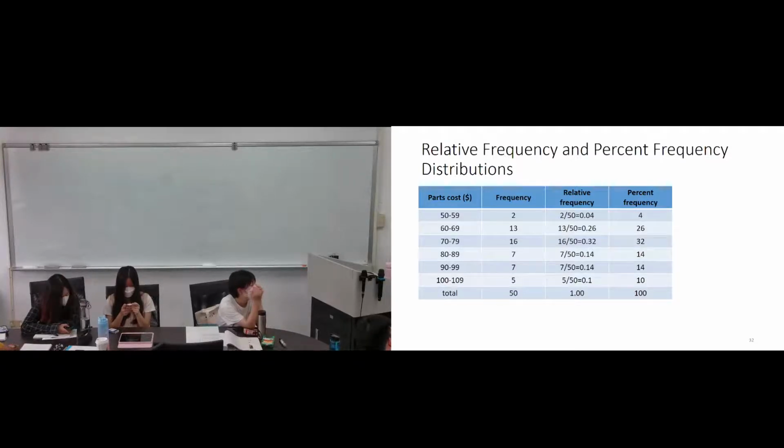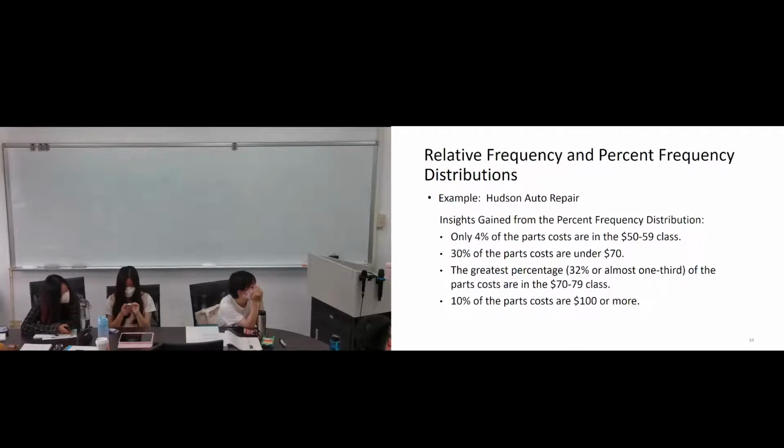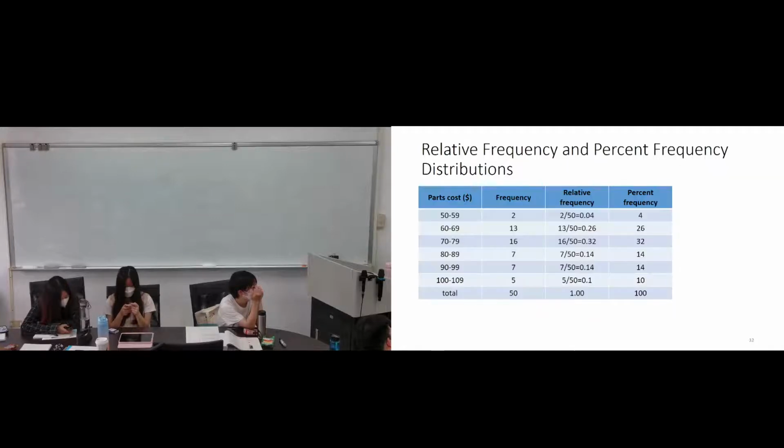Then, what is the percentage of the parts costs that are $100 or more? $100 or more is in the last class, from 100 to 109, which is 10%.